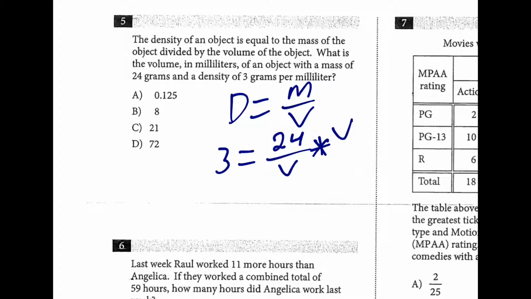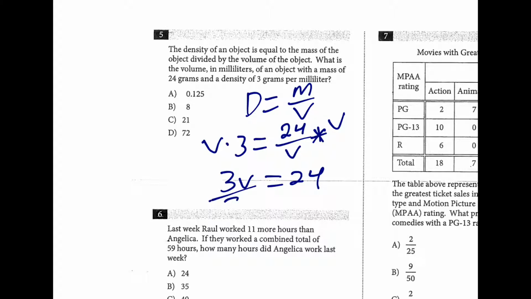So to get V out of that fraction, we need to multiply both sides by it. And this tells us that 3V is equal to 24. Then we divide by 3, and we end up with V is equal to 8. A lot of people got 72. They screwed up, not realizing that V being on the bottom of the fraction means different rules apply.